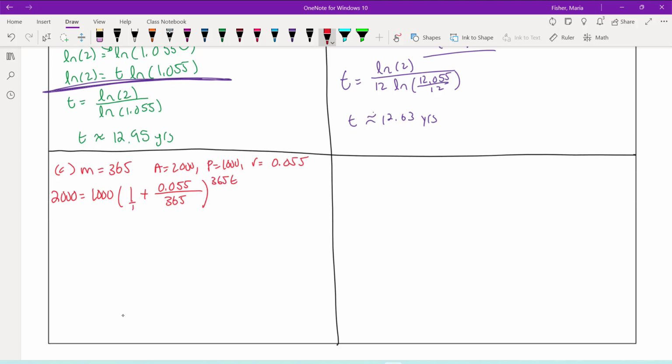Again, if I make this over 1 and multiply top and bottom here by 365, dividing by 1,000 first, we have 2 is equal to, and this just becomes 365.055 divided by 365 raised to the 365t.